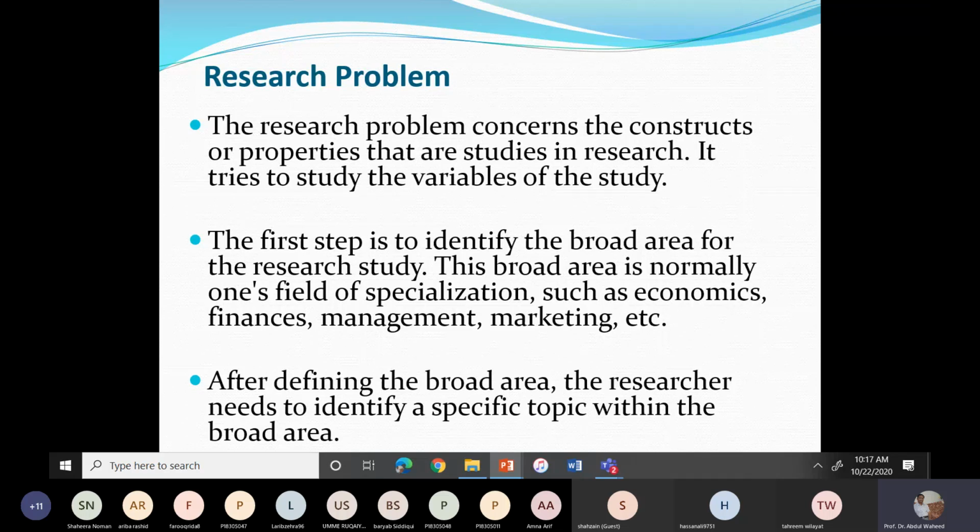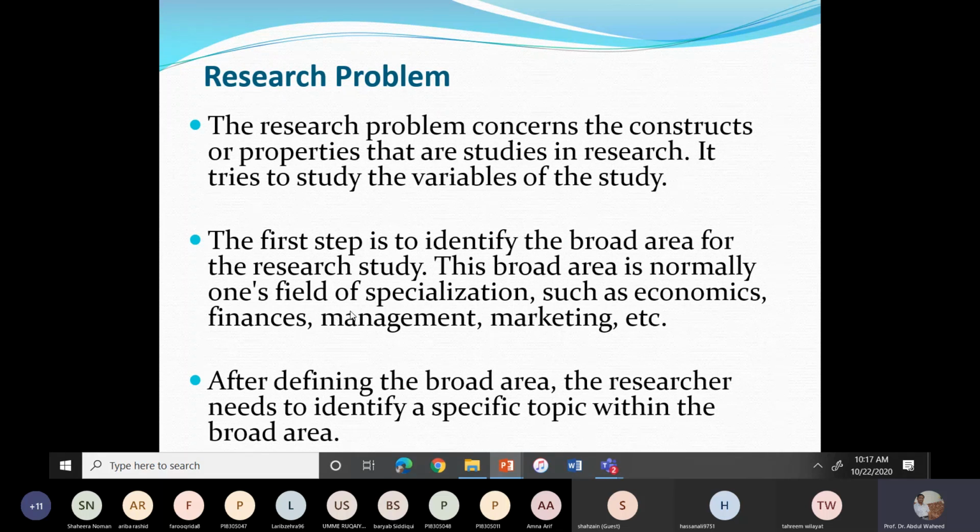So then it's a very broad area. No? So broad areas are just like economics and finance and management and marketing. Someone may say he will conduct research in the marketing area.